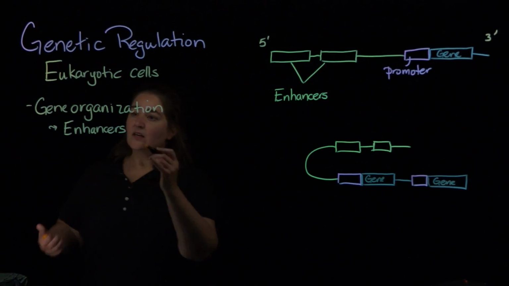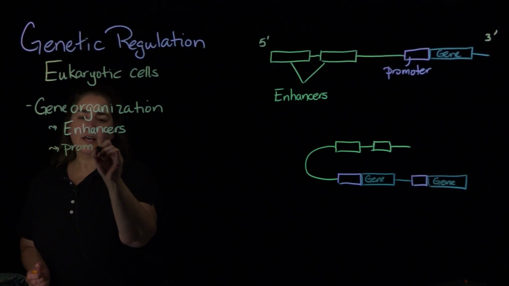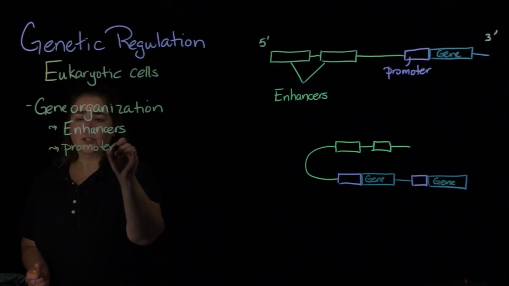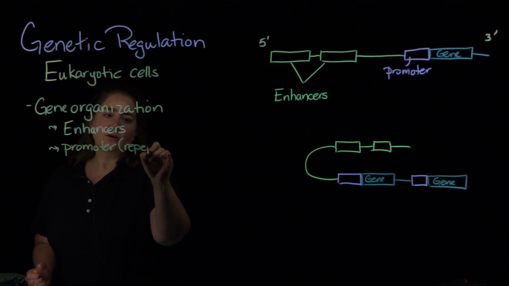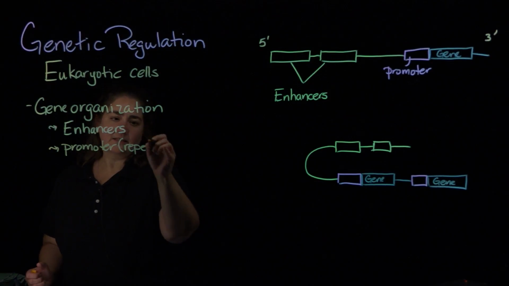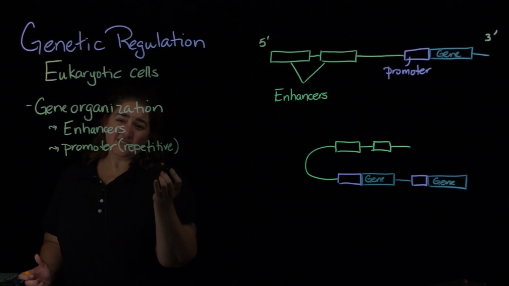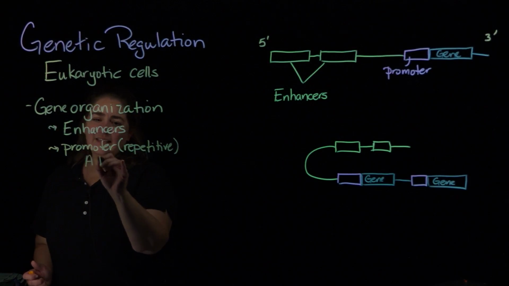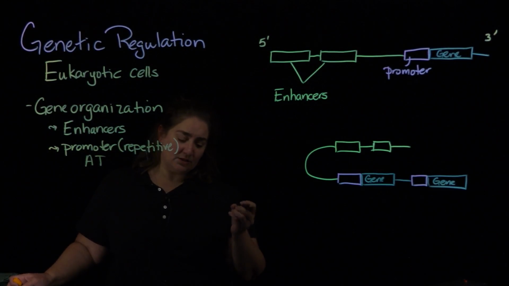All right, so we've got enhancers. We still are going to have a promoter region, okay? These tend to be repetitive sequences, typically A's and T's, repeats of A's and T's in various combinations.